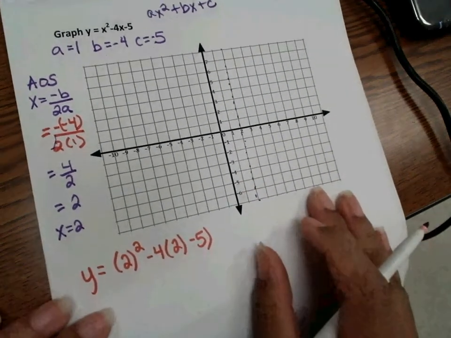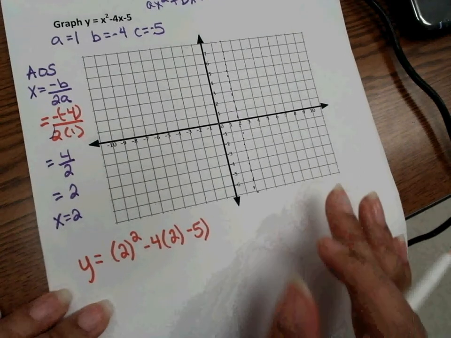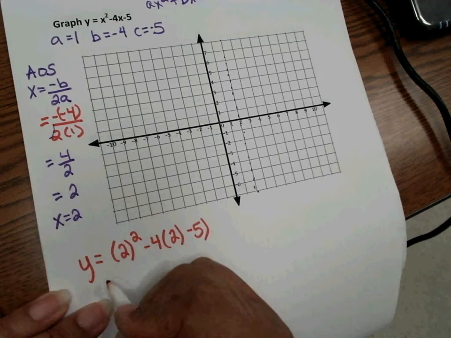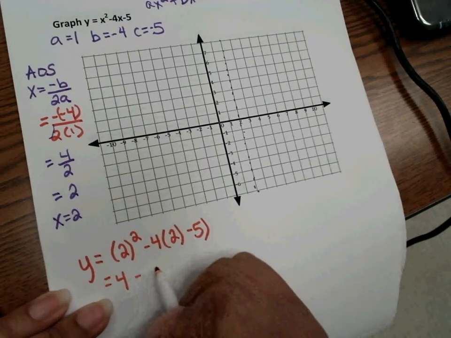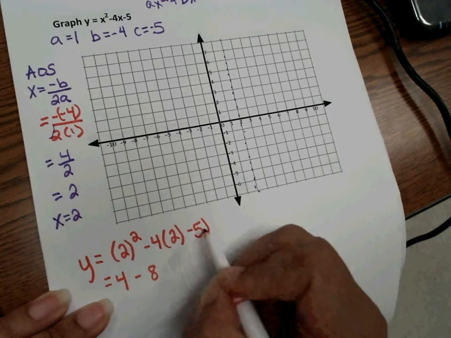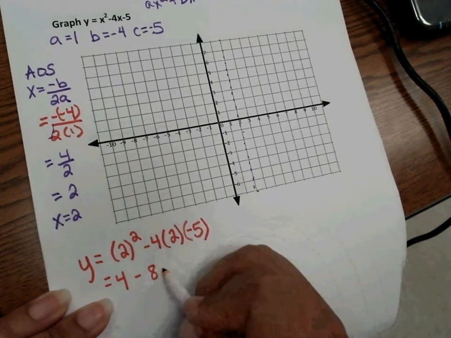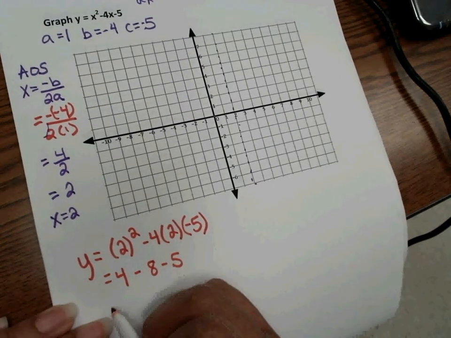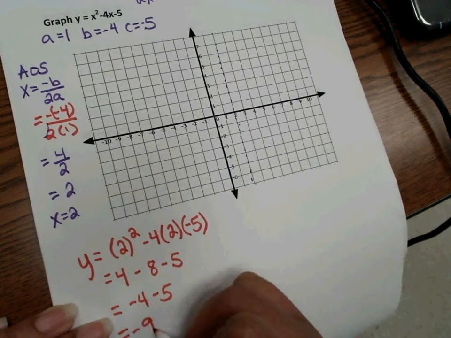And remember, we have to follow the order of operations, because this is calculator inactive on our EOC. So we start with our squared. So 2 squared is 4. -4 times 2 is -8, minus 5, right? And so we have 4 minus 8, which is -4, minus 5, which is -9.